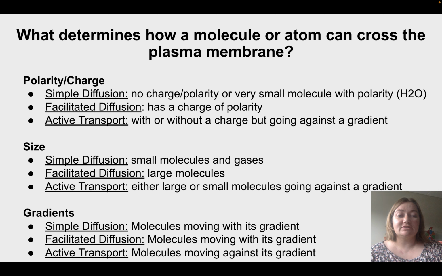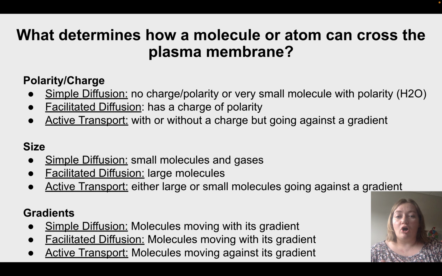All right, so this is a nice review slide here. What determines how a molecule or atom can cross the plasma membrane? I'm not going to read out the entirety of this slide, but big picture, it depends on if you have a polarity or a charge. It depends on your size, and it depends on the gradient. If you have a charge or a polarity, more than likely, if you're going with your gradient, you're going to be using facilitated diffusion.